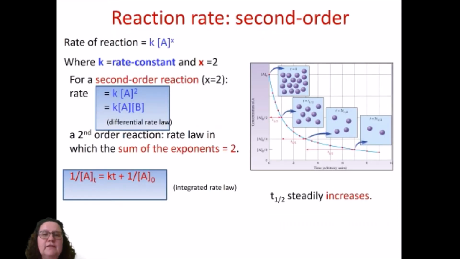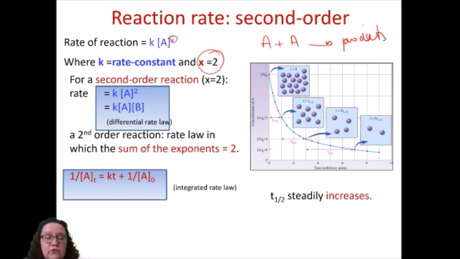A reaction rate can also be second order, and when a reaction rate is second order, then x equals 2. And you can have that in two ways. You can have, for example, a reaction that depends on one reagent, and that will give you k times the concentration of A squared.